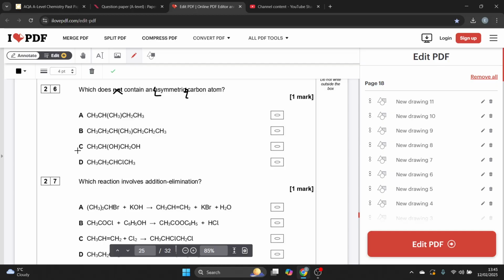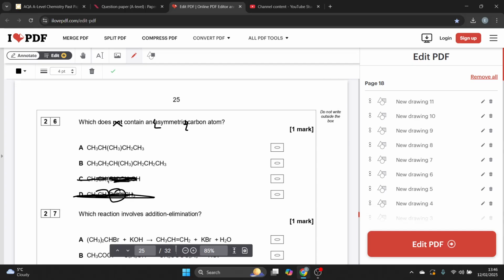It's definitely not going to be C. That can't be symmetrical. Which one does not contain asymmetric? Yeah, that does contain asymmetric. Definitely can't be D because there's nothing there. So it's A and B.